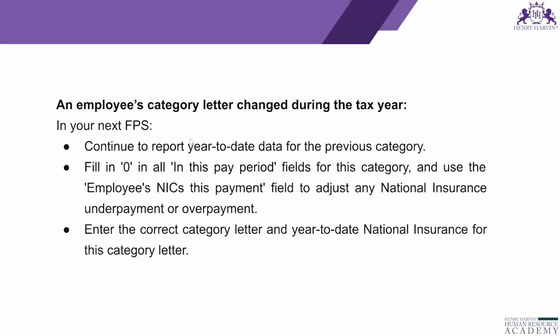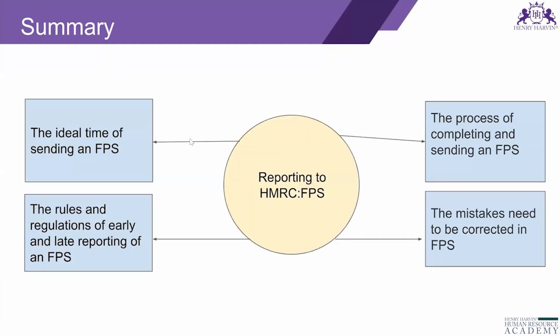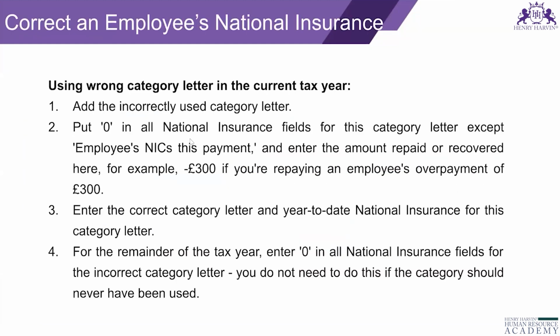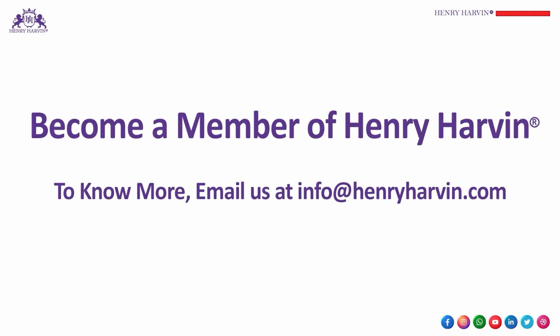Fill in zero in all the in-this-pay-period fields for this category and use the employee NIC this payment field to adjust any National Insurance underpayment or overpayment. In a similar way, enter the correct category letter and year-to-date National Insurance for this category letter. This ends the FPS topic.